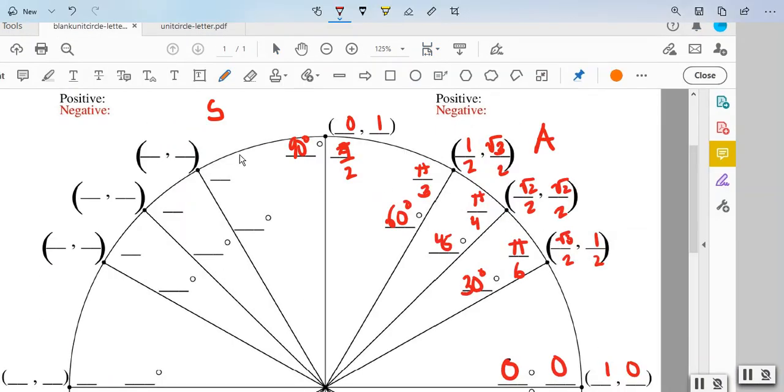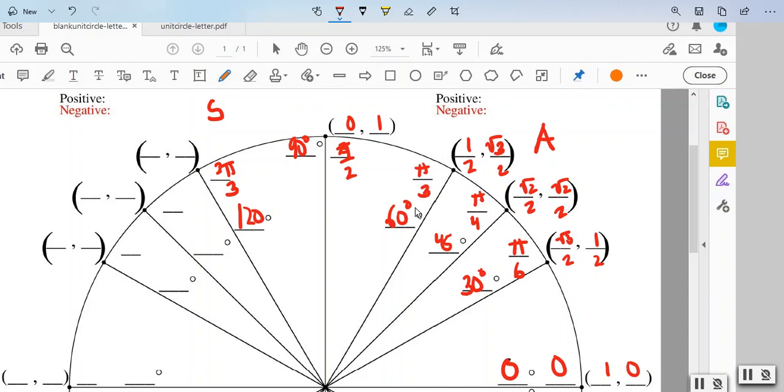Okay, now in this case, the next angle measure is going to be 120. Now 120 is basically just a multiple of pi over 3. You can think of it as 2 pi over 3, because 120 divided by 60 is 2.